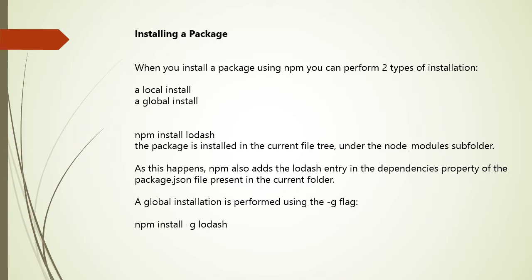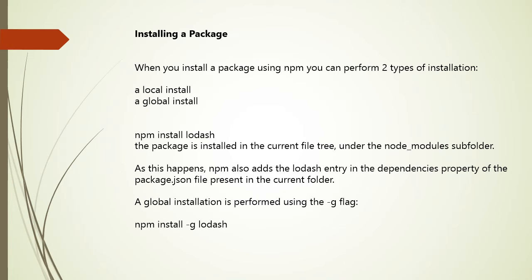As this happens, npm also adds a lodash entry in the dependencies property of the package.json file present in the current folder. A global installation is performed using the -g flag. So you can give the command as npm install -g lodash.